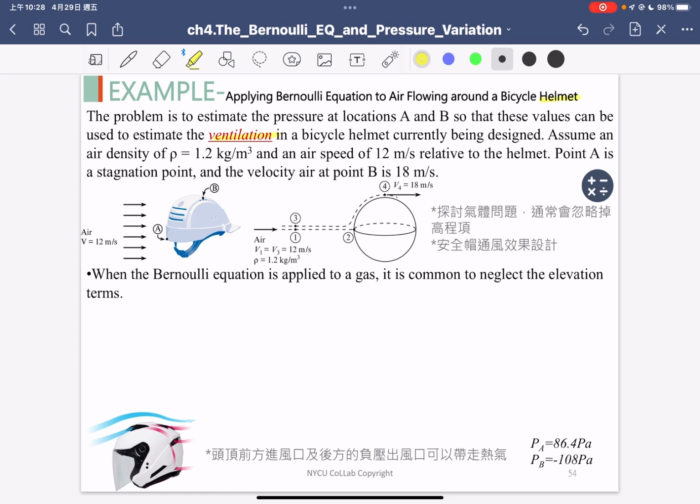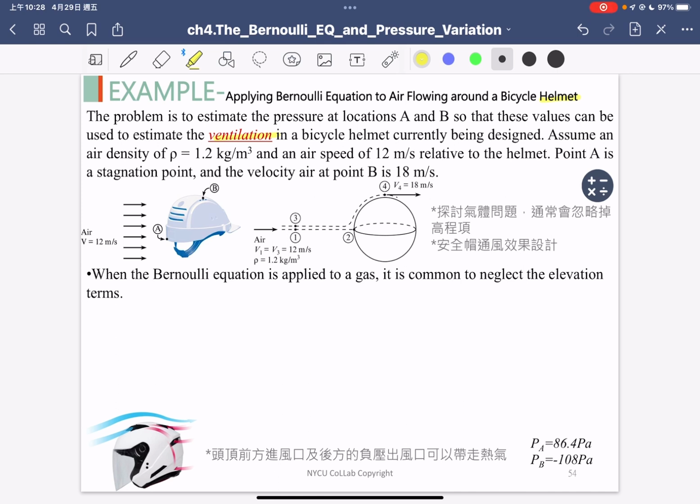What is the ventilation? The ventilation is 通风. 我们戴安全帽不是很紧吗？其实很热，所以安全帽上面都会有一些 hole，那就是要让它去通风的。那我们怎么知道这个安全帽通不通风？OK, so the key knowledge is that we need to estimate the ventilation behavior.